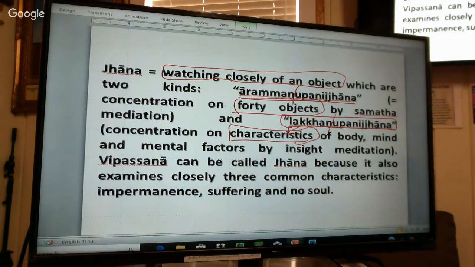But the difference is, how do you practice? The object is breathing in and out. But how do you practice to begin the samatha bhavana or the vipassana bhavana? What is the difference? We need to know. If you don't know, maybe your practice may be confused.